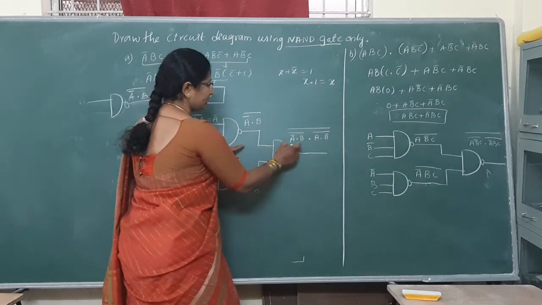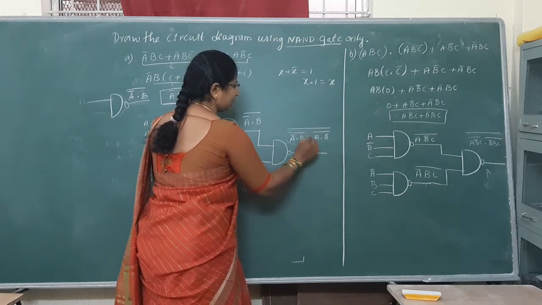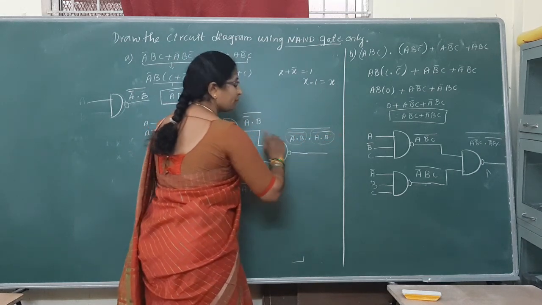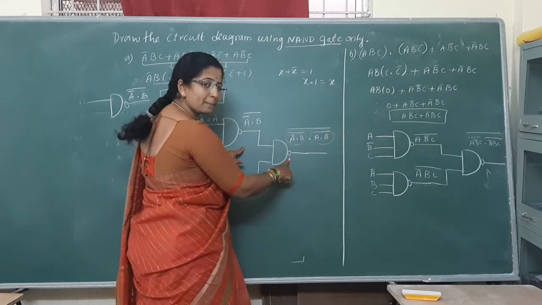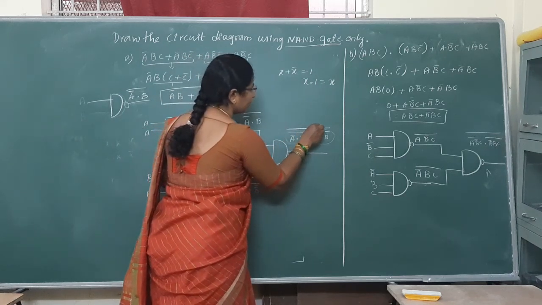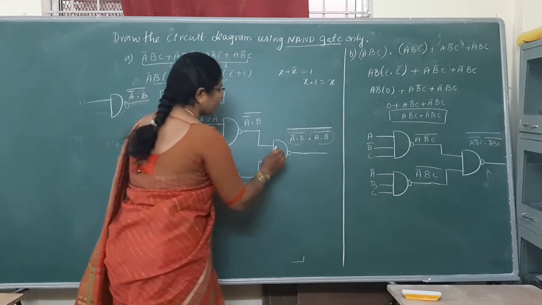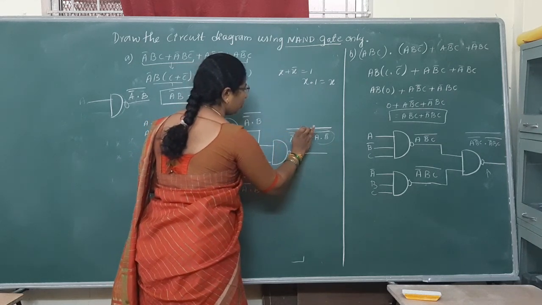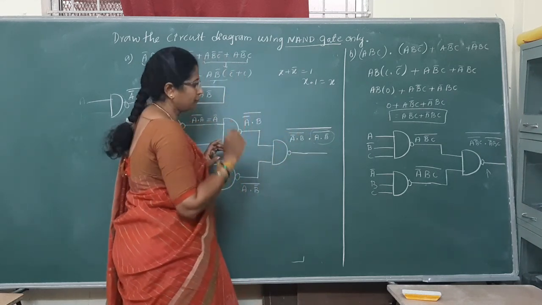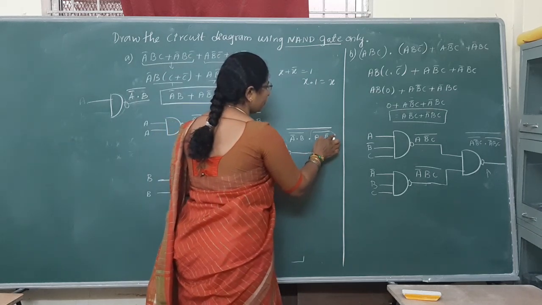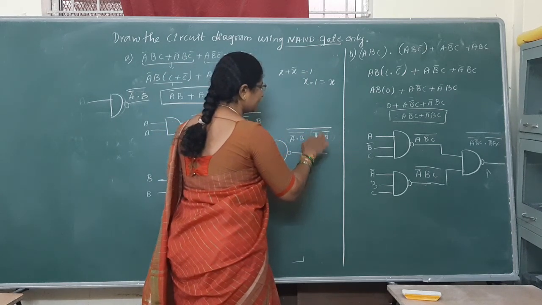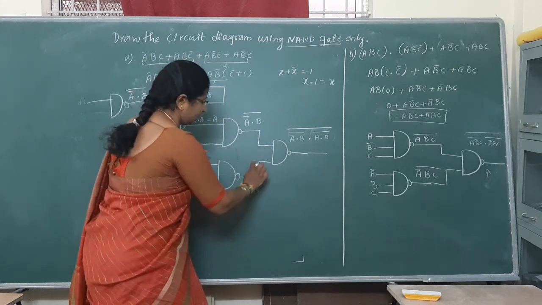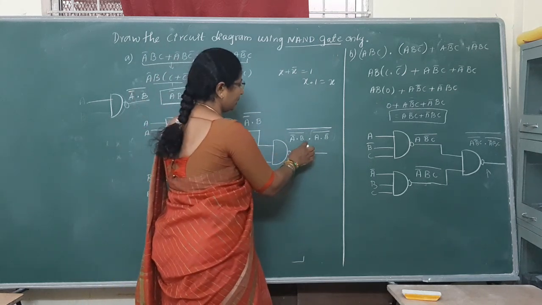The first input is this one and the second input is this one. Before the output, a bubble is there, so I got the complete whole complement. So I got A complement into B whole complement as the first input, and A into B complement whole complement as the second input. That I have given.